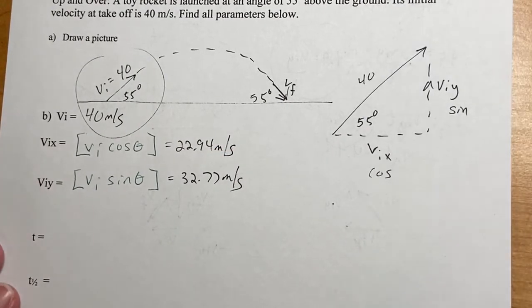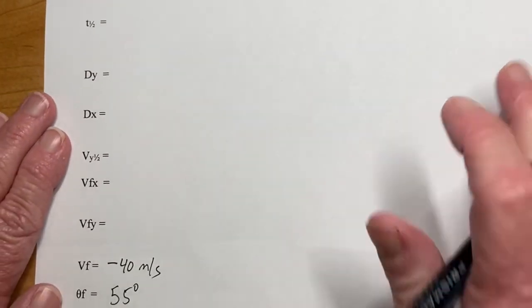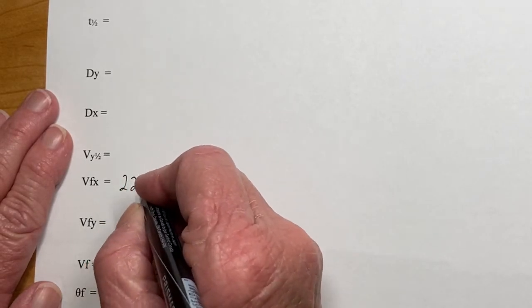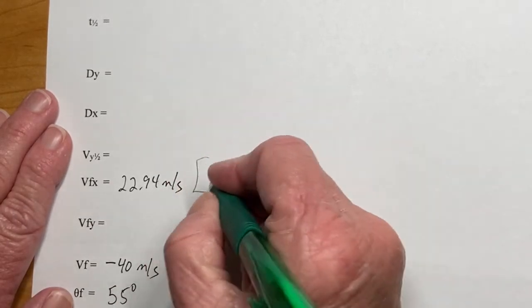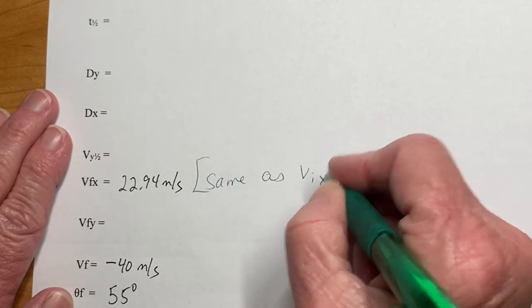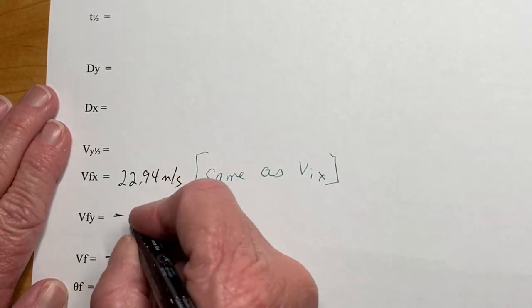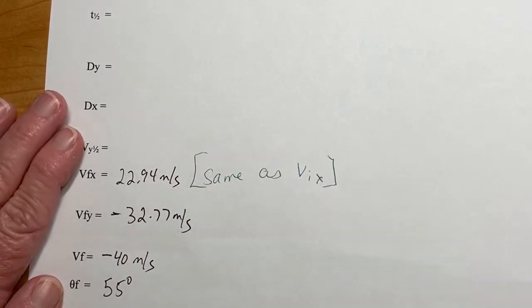All right, because of the symmetry, I'm going to go down to the finals. VFX doesn't change, so it's going to be 22.94 meters per second, same as VIX. VFY is going to be negative 32.77 meters per second.